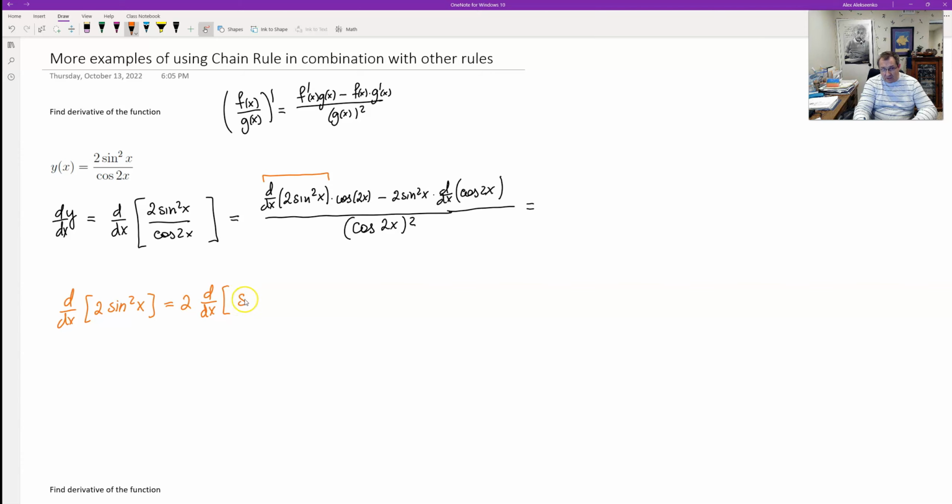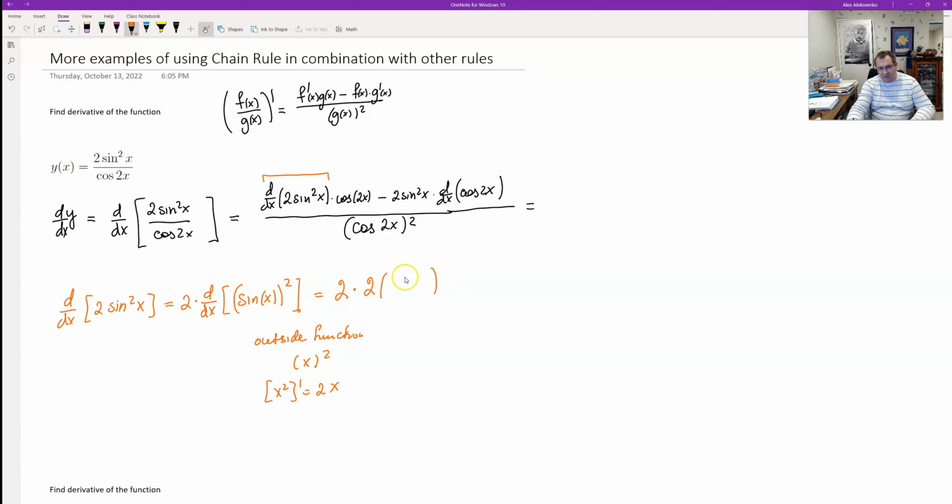And sine squared x is the same as taking sine of x and taking the square. Well, we are having a case of generalized power rule, and the outside function is x squared, and the derivative of x squared is 2x. So there's 2 that's coming from here, and then there will be 2, but instead of 2x, I will have a substitution.